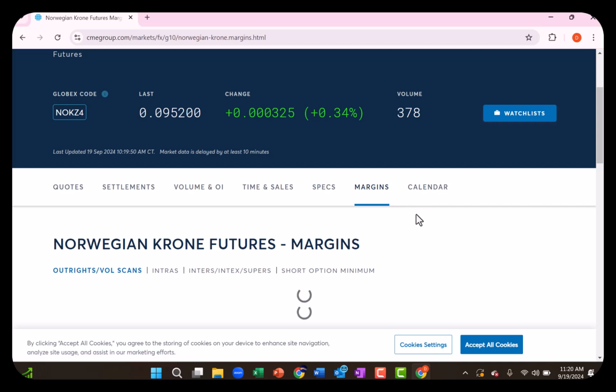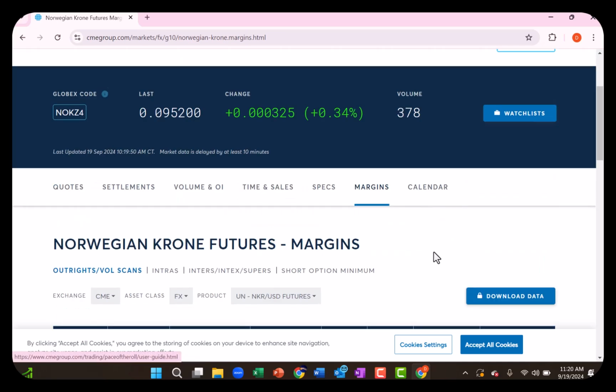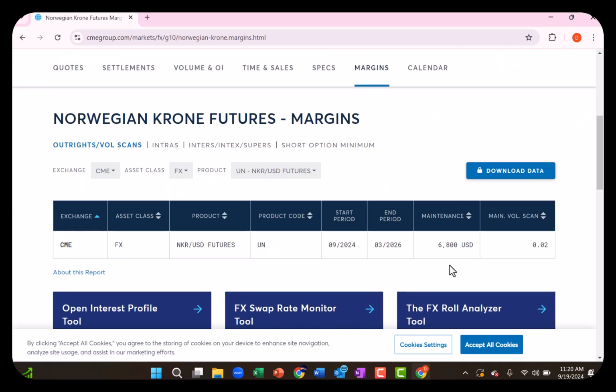And the margins are, for each contract, whether you're short or long, you have to put 6,800 US dollars into your margin account. Now, let's look at the current quotes.